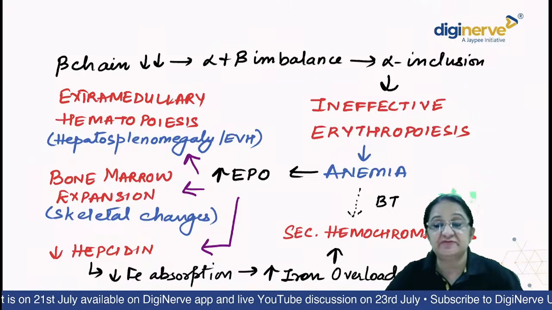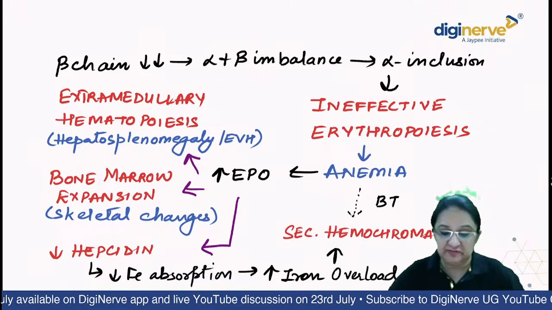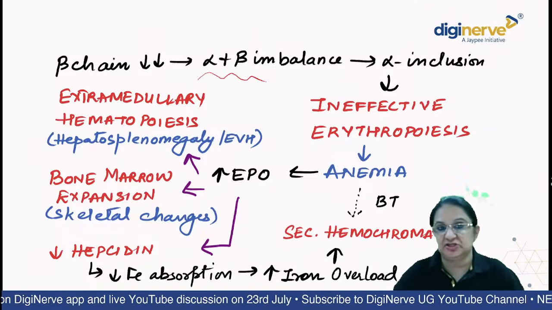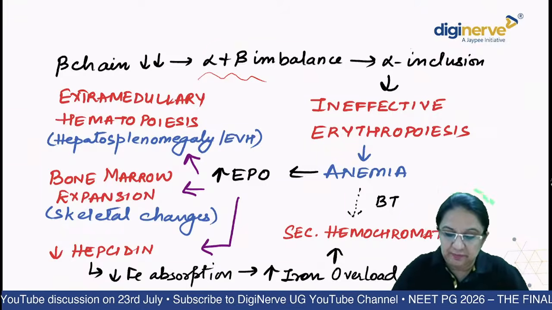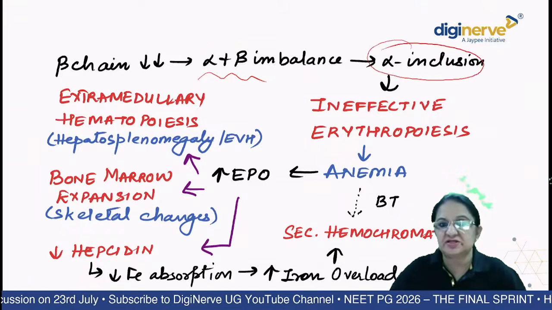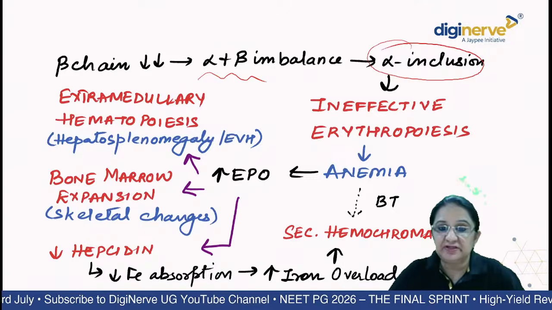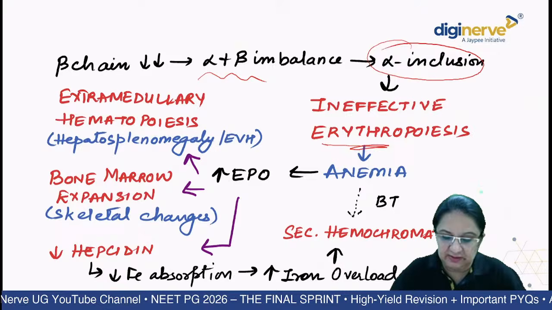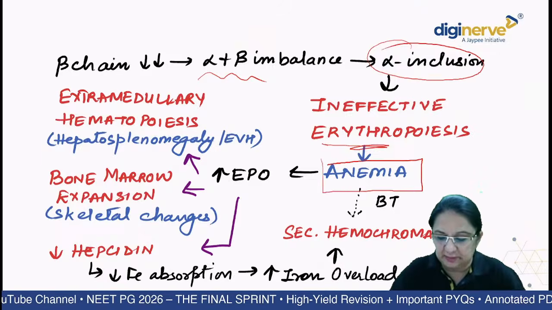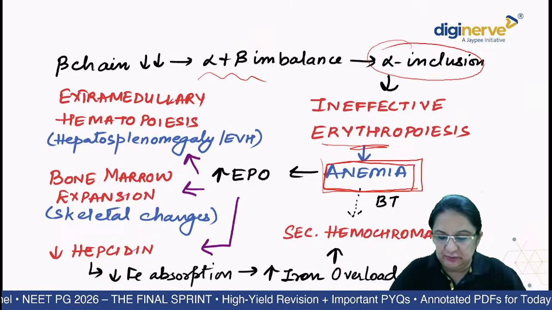So beta chain is deficient. There would be an imbalance between your alpha and beta chains. What will happen? Beta chains are less, so there would be alpha inclusions in the RBCs. Alpha inclusions will lead to ineffective erythropoiesis, which will in fact lead to anemia. Okay, this would lead to anemia.